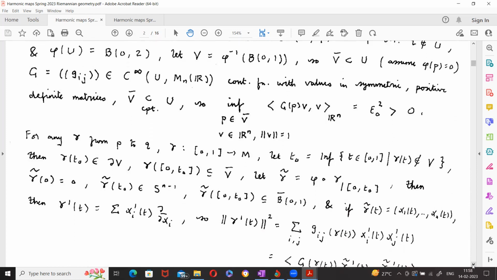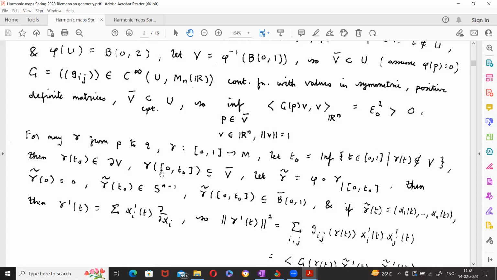All right. So now, if I take any curve gamma from P to Q, say gamma is defined on the interval [0, 1], then since Q lies outside my chart U, there is going to be some time where gamma(t) is outside V. So let t naught be the infimum of t such that gamma(t) is not in V. Okay, so this is the first time you go outside the ball V. Then it's easy to show that gamma(t naught) belongs to the boundary of V. And by definition of t naught, up to time t naught, you're contained inside V closure.